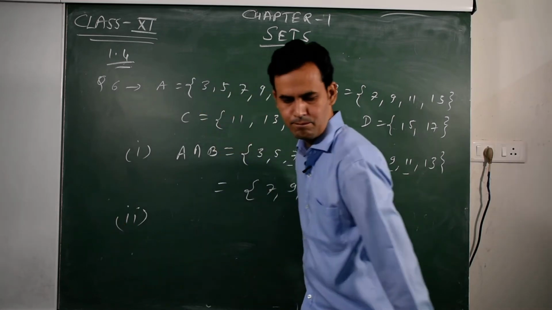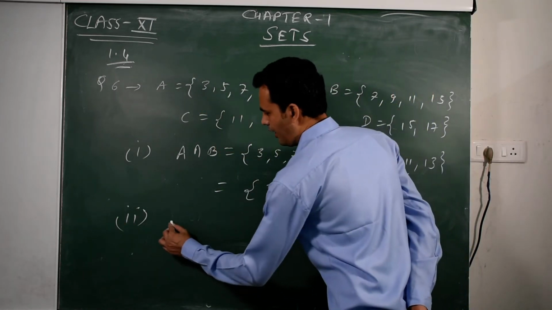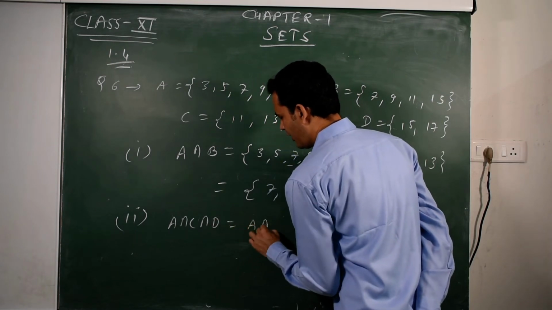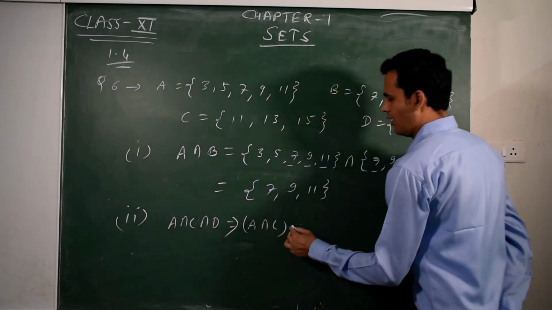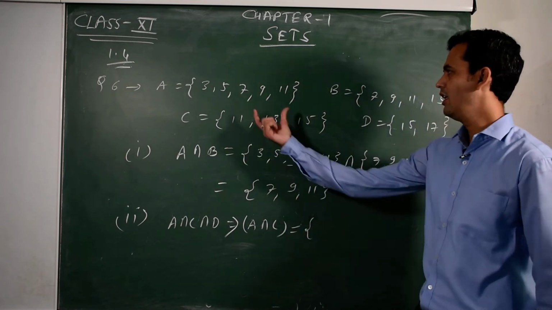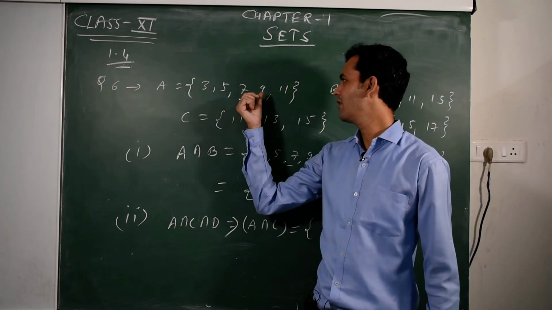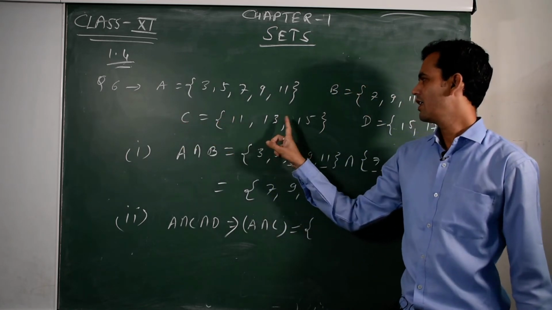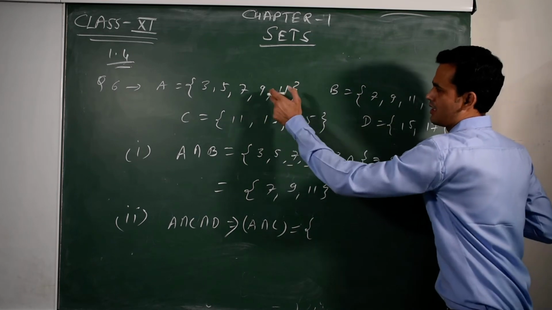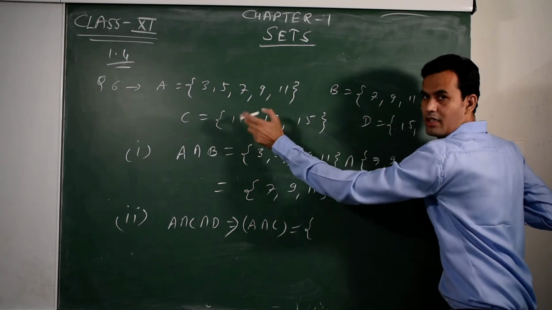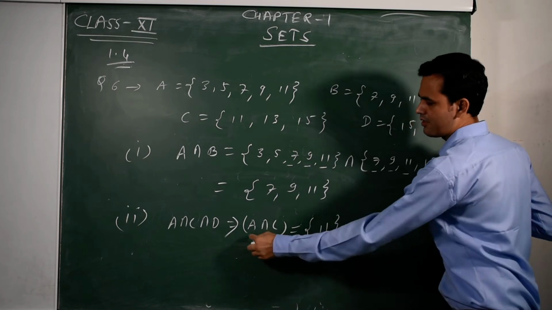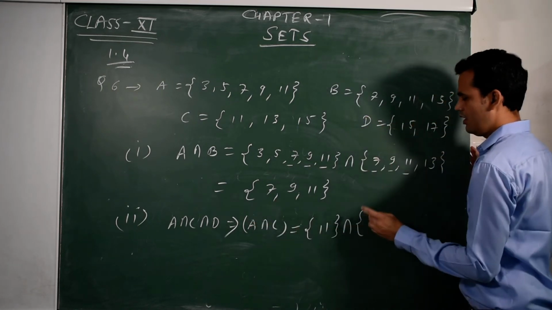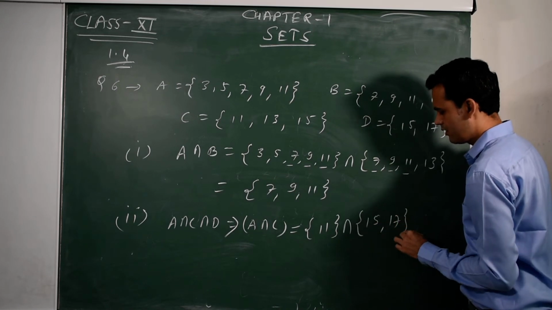Now second is A intersection C intersection D. So first we find A intersection C. Elements of set A are 3, 5, 7, 9, 11 and elements of set C are 11, 13, 15. So the common element of A and C is only 11. So A intersection C is 11, and also intersection D. So D is 15 and 17.